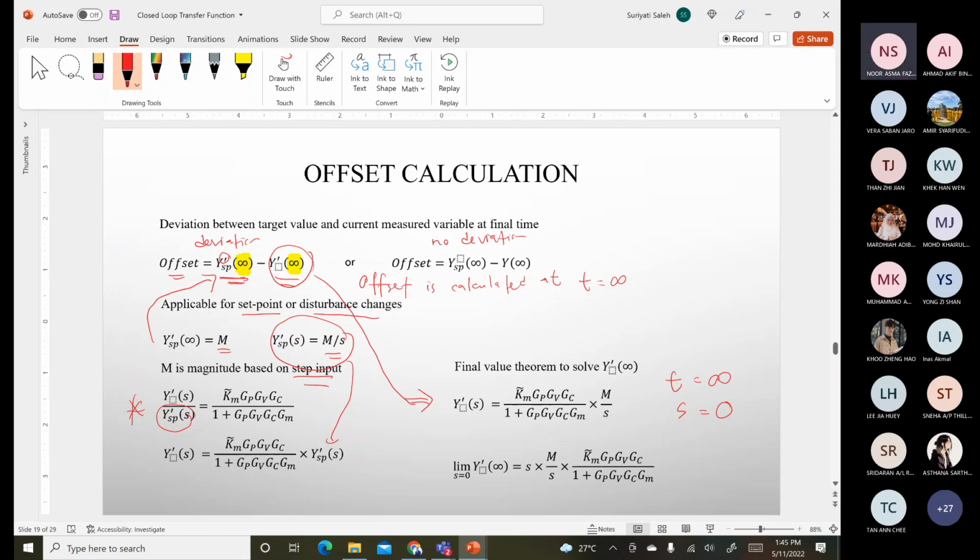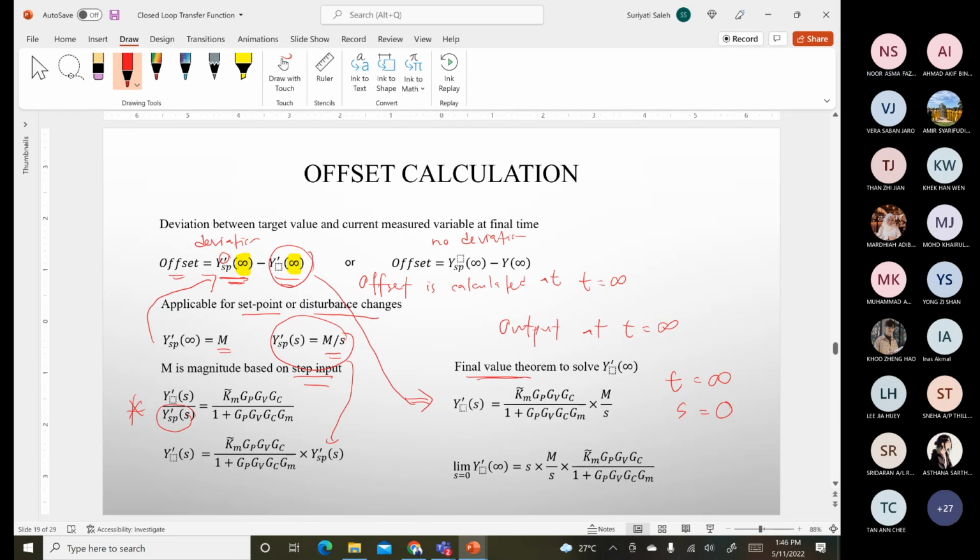It is specifically to obtain the output at time equal to infinity. This is the function of the final value theorem, to determine the value of your output at time equal to infinity. So according to the final value theorem, when the time equals infinity, S equals 0.